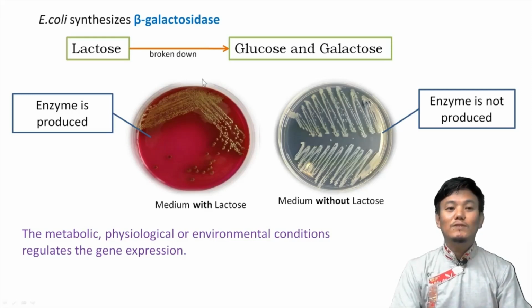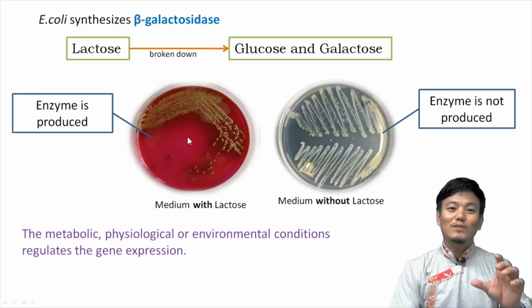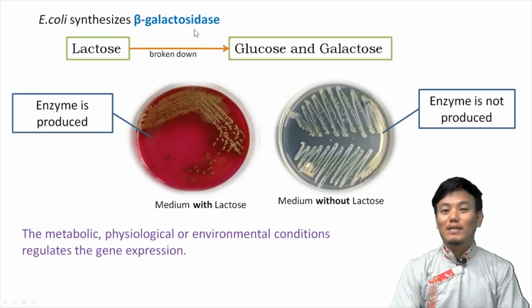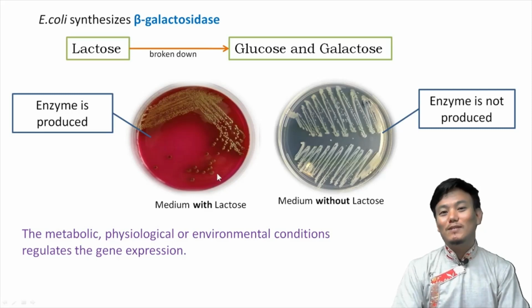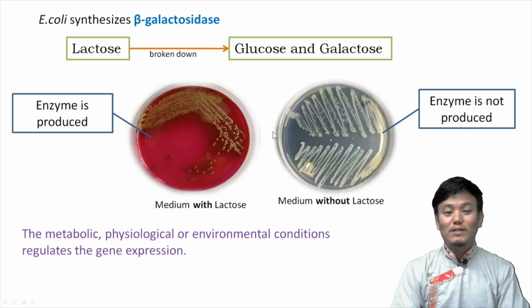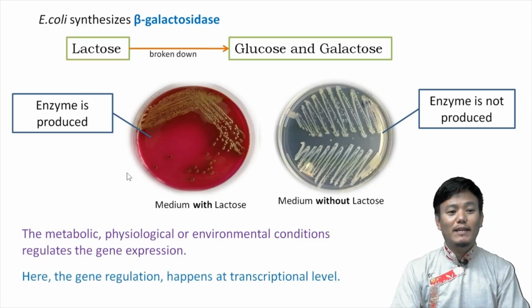The gene responsible for the production of beta-galactosidase somehow switches off when there is no lactose present, and when there is lactose present, that gene switches on and starts producing beta-galactosidase. In this particular case, in E. coli bacteria, the gene regulation happens at the transcriptional level.